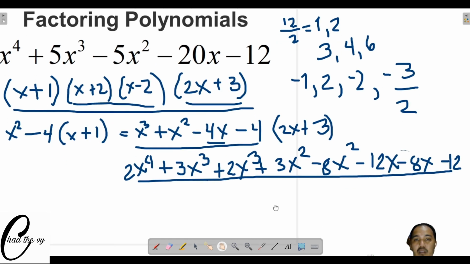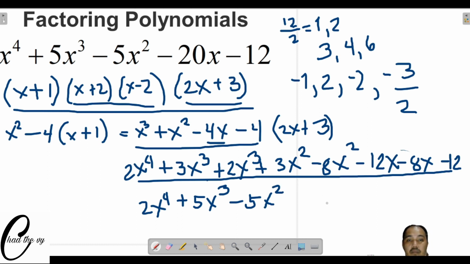So, simplify natin to. So, 2x raised to 4. And add natin to plus 5x raised to 3. Tapos ito minus 5x raised to 2. Kasi mataas yung 8, sign niya negative. So, subtract.